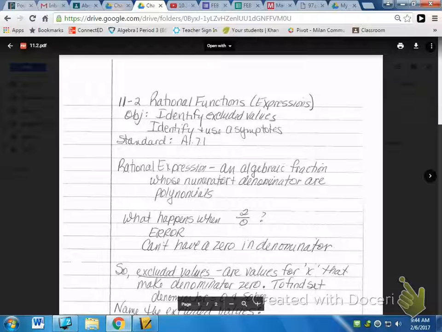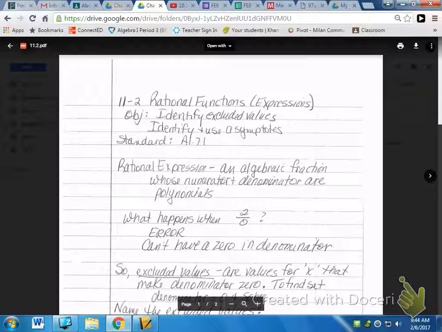Polynomial over a polynomial. Now, what happens when you have something like 2 over 0? Well, if you do it in a calculator, you're going to get an error. Hopefully you all know that we cannot divide by 0. That is completely impossible.